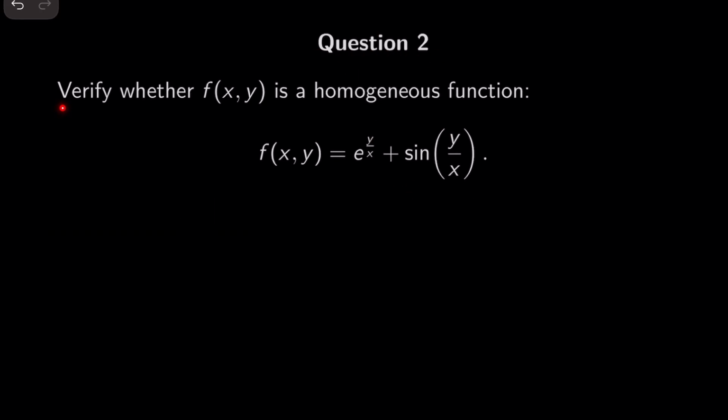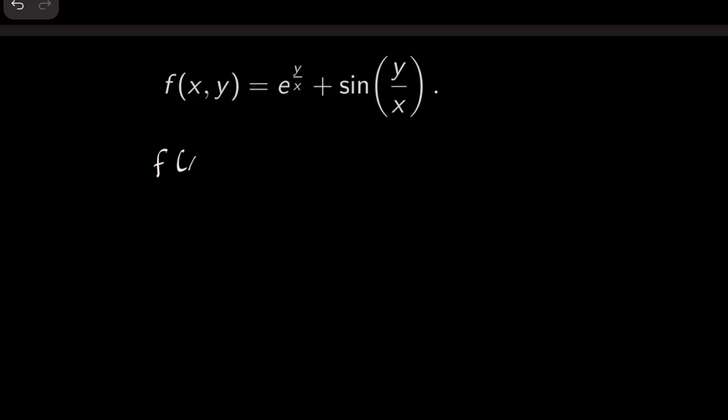With our second question, we have to verify if f of x y is a homogeneous function, and f of x y is defined to be e exponent y on x plus sine of y on x. We compute f of lambda x, lambda y. Our new x is lambda x and our new y is lambda y.